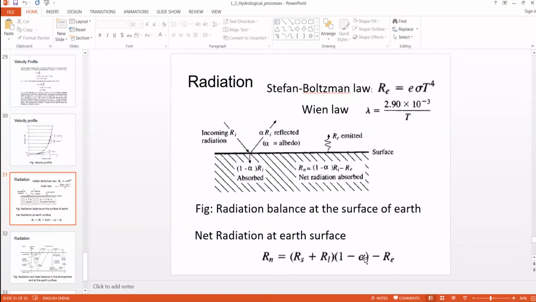This radiation is very important in the hydrological cycle, because most of the energy for the hydrological cycle is obtained from radiation.